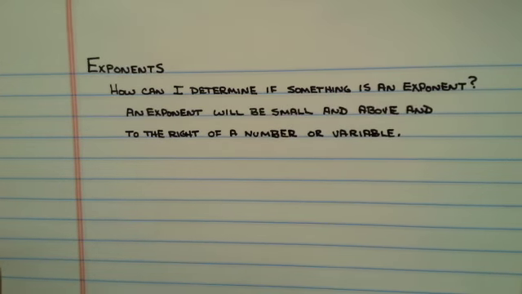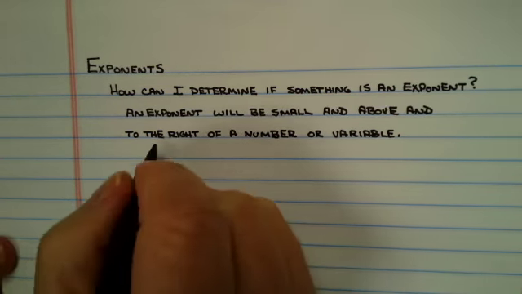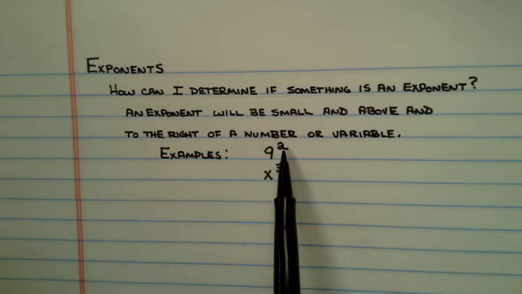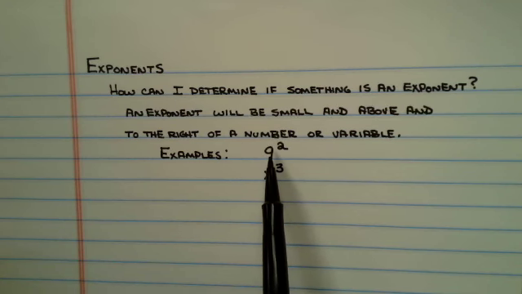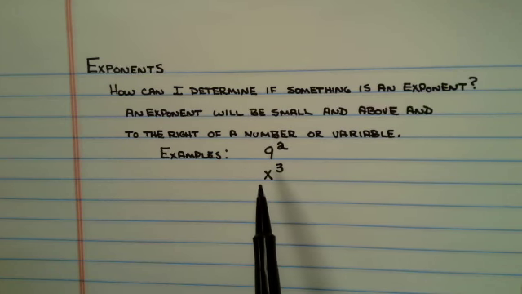An exponent is always going to be small, and it's going to be above and to the right of another number or a variable. So here are two examples. This small number, which is above and to the right of this number, that 2, is my exponent.